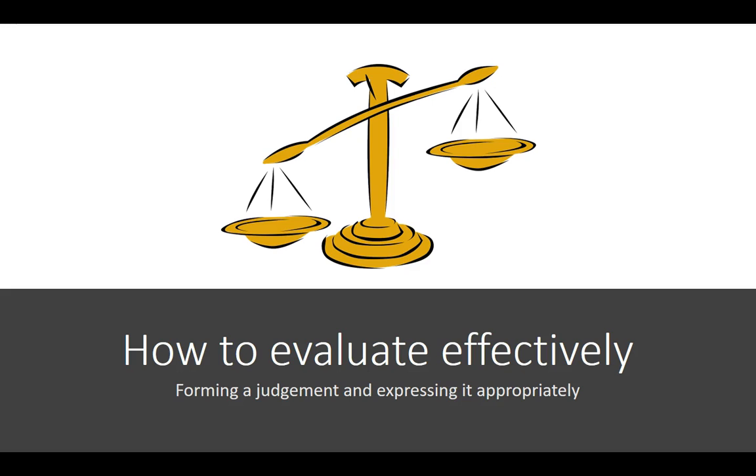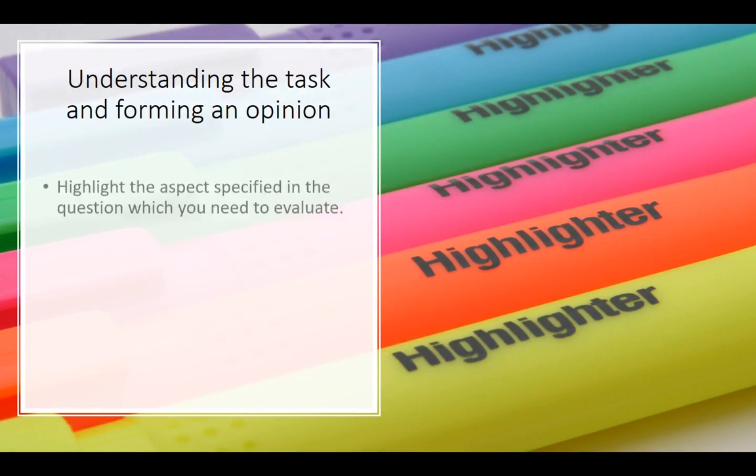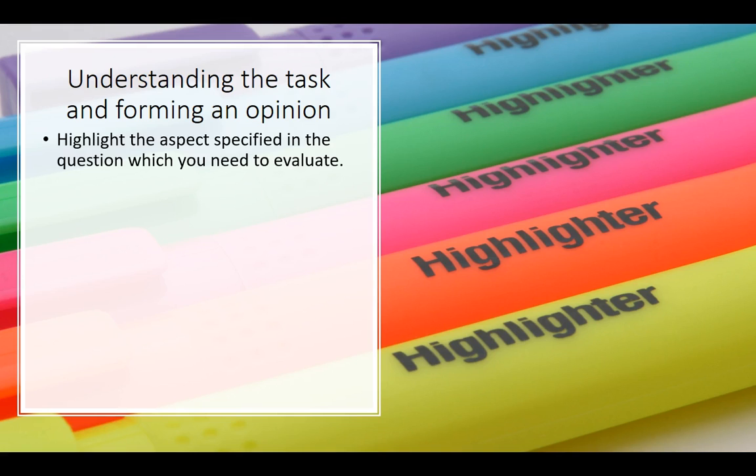Let's look now at how you do this practically in terms of evaluating a non-fiction text on paper 2 in response to question 6. So you have to form a judgment, and what you need to do first of all, as with all of these, is to read the question really carefully. A common reason for people to lose marks is because they don't identify the aspect of the text that they're being asked to evaluate, and they just go off on a tangent or write too vaguely about the text.